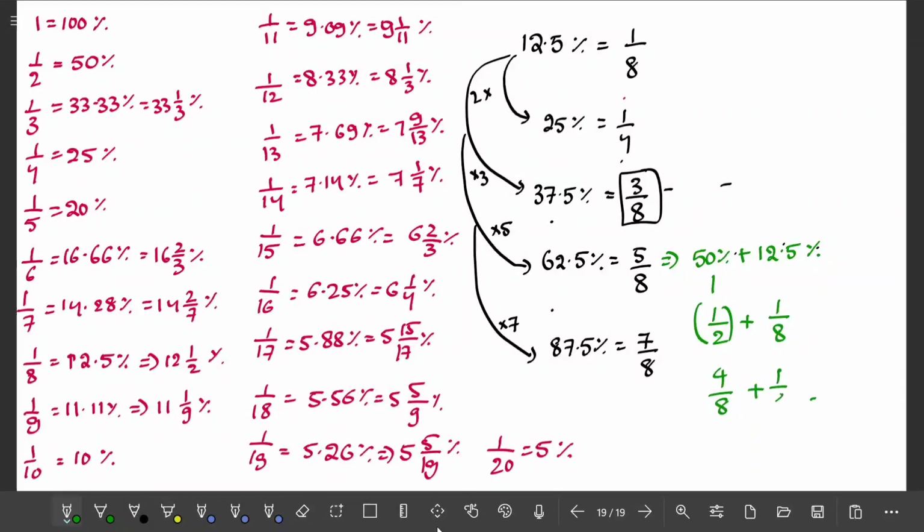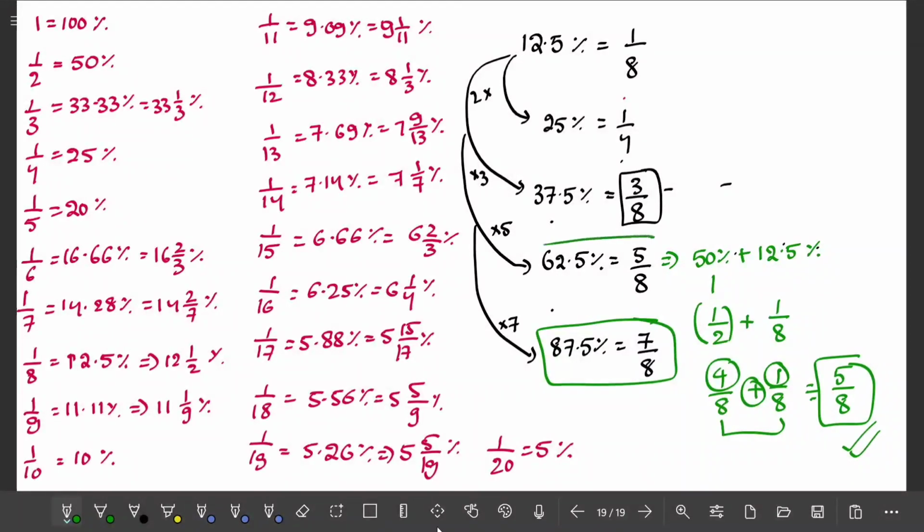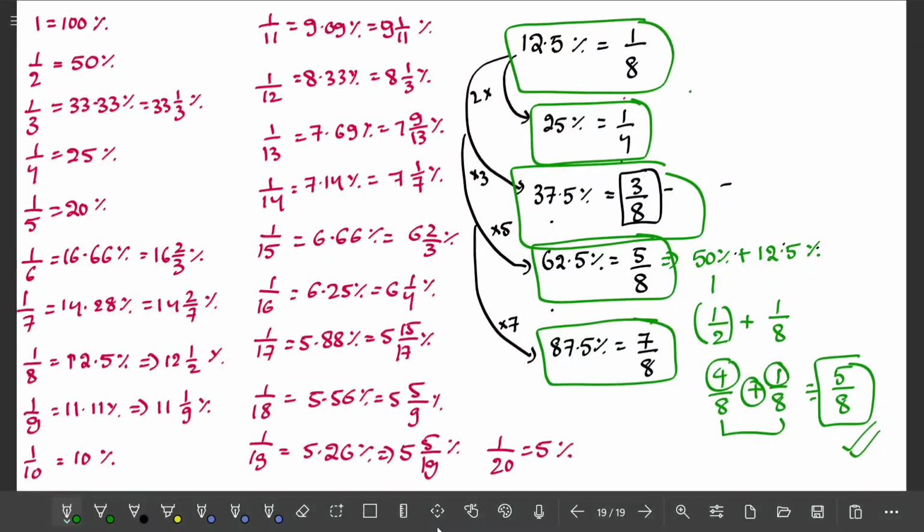Right. And here it is 1 by 8. Since the denominator is common, 4 when added with 1 gives us 5. Clear? All these values are really important for your exam. Especially for the bank examinations, this saves a lot of time. Clear?